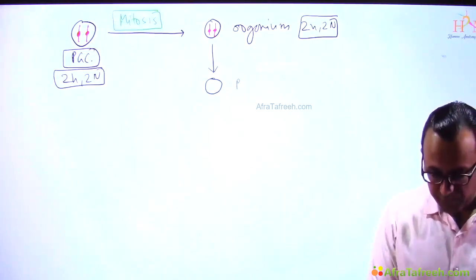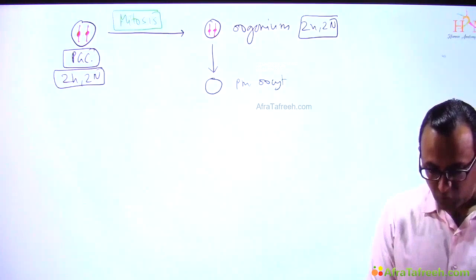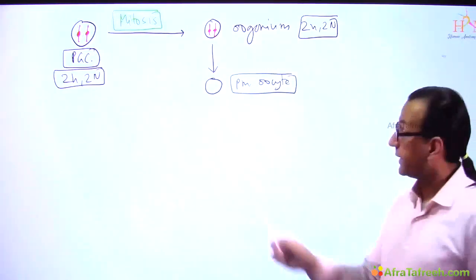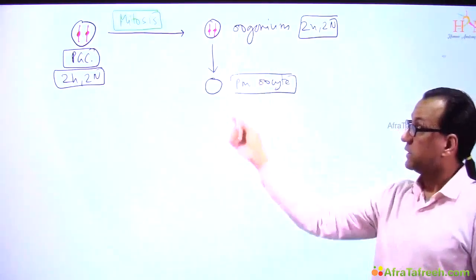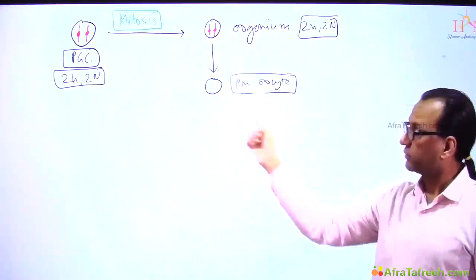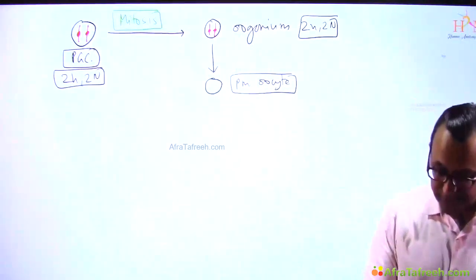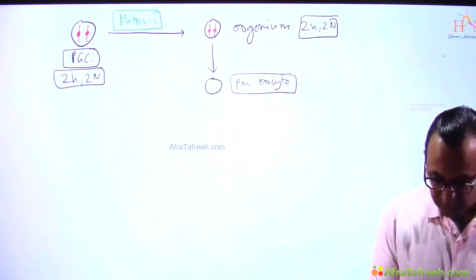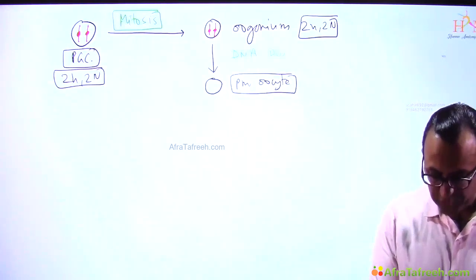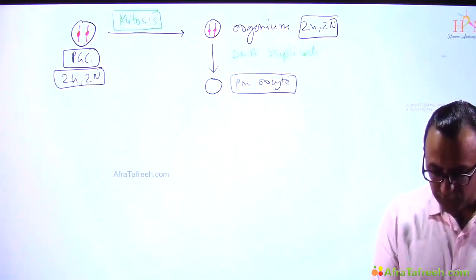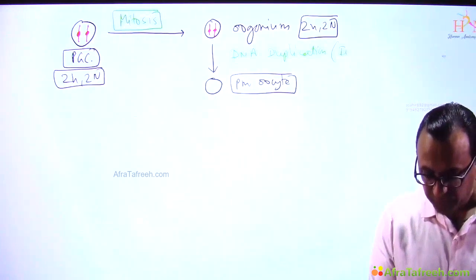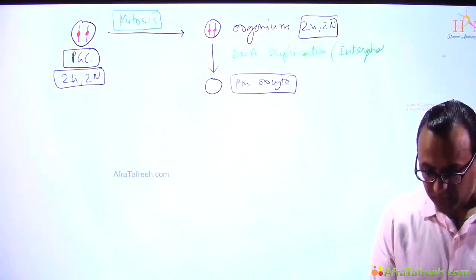Now this oogonium is further getting ready to enter the meiosis, and it will form what is called the primary oocyte. Now when you say it is going to form the primary oocyte, during that process there will be DNA duplication. It is happening during the interphase or the resting stage.